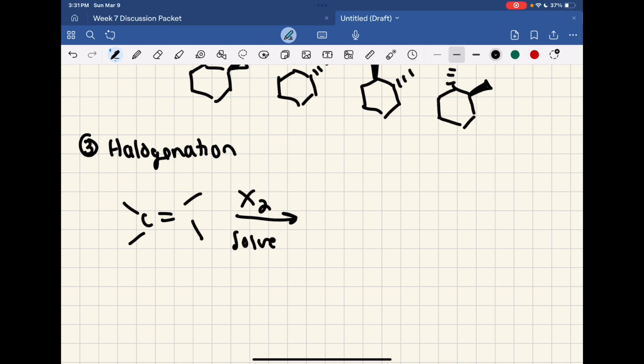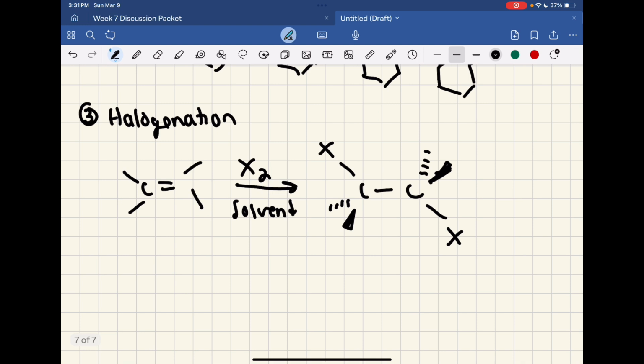Typically, we see a solvent associated with this. I'm going to draw this in a very specific way. Okay, so notice we are adding halogens across the carbon-carbon double bond, more specifically in an arrangement called the anti-arrangement.